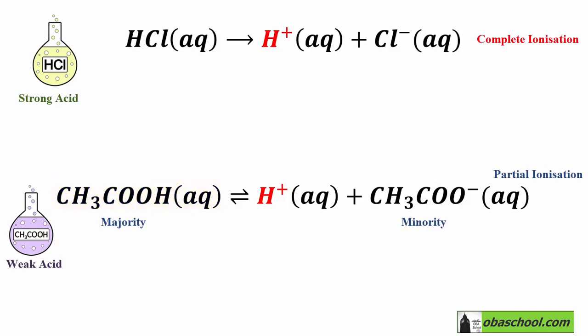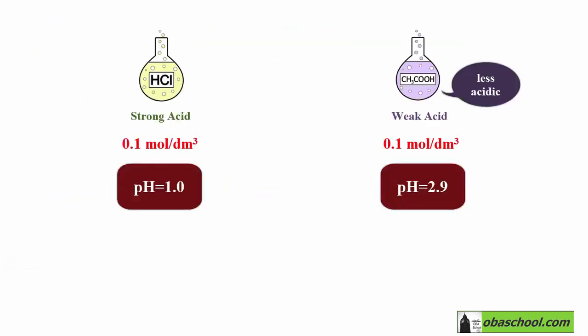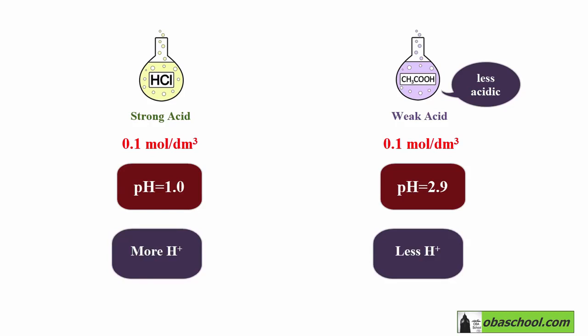So if we compare between HCl and ethanoic acid in a solution, we will find that all HCl will dissociate to produce H+ ions, whereas some of the ethanoic acid will produce H+ ions. And thus, even though we have the same concentration of both acids, we don't have the same concentration of H+ ions.